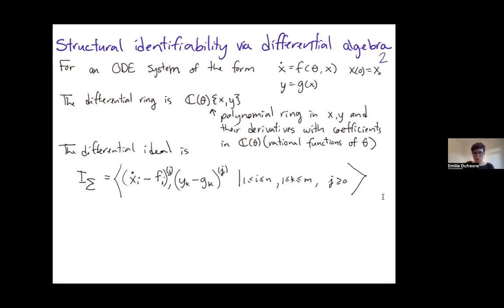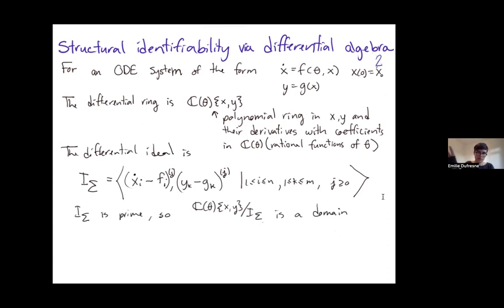One notable thing is that in this situation, the ideal is prime, and so the quotient of my differential ring by the ideal is a domain. So Daisy looks at this ideal directly, and Cyan is a little different.